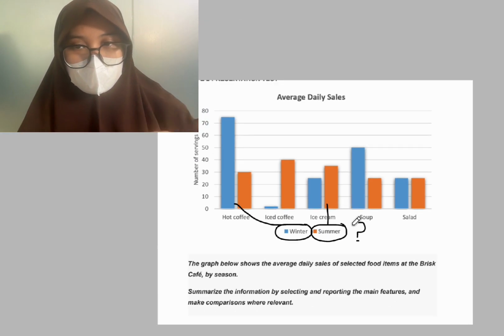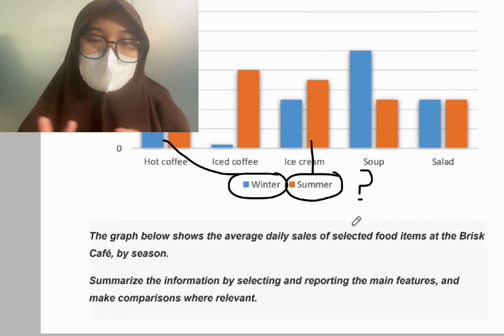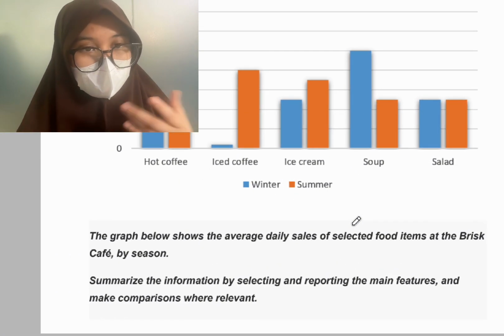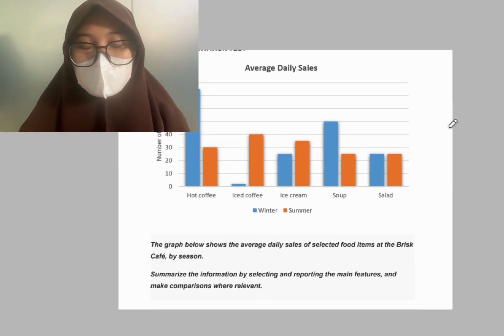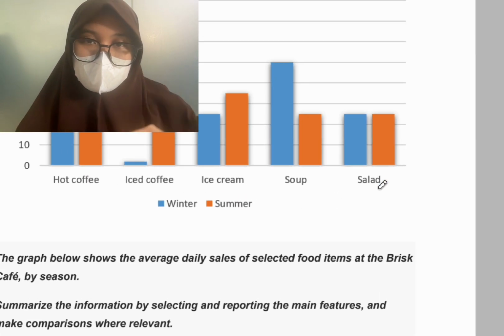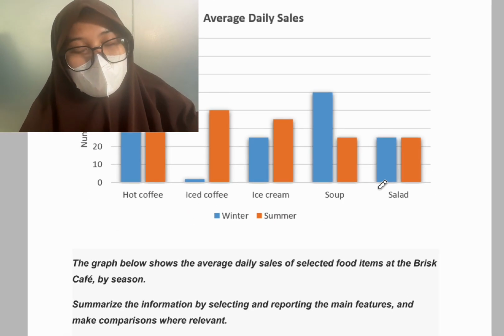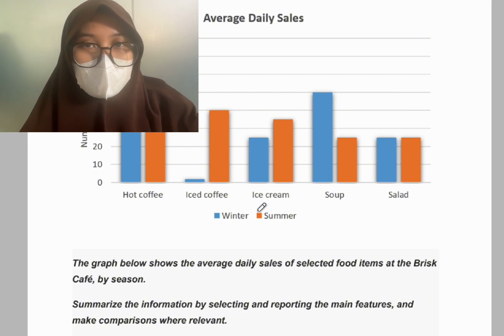So we have this summer and winter. And here I will try to explain and compare why winter and summer sales are heavily different from each other's. And also, when we think about the weather that I just mentioned, of course, it's going to be very different, as they both are polar opposites of each other.